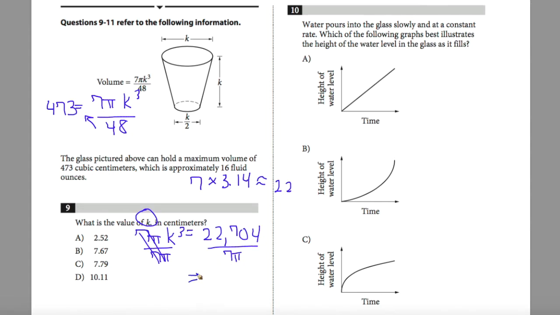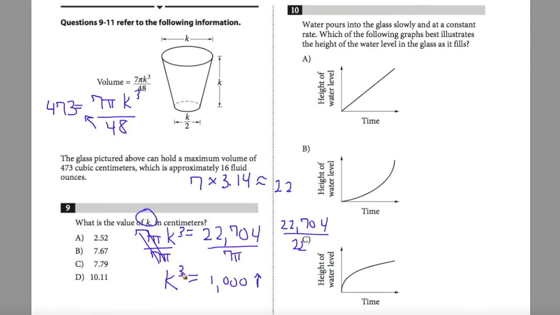And that is going to end up giving me a little over 1,000. So what I basically did was 22,704 divided by 22. And I know that 22,000 divided by 22 is going to be right around 1,000. So then 22,704 divided by 22 is going to be a little bit greater than 1,000. Why did I do that?